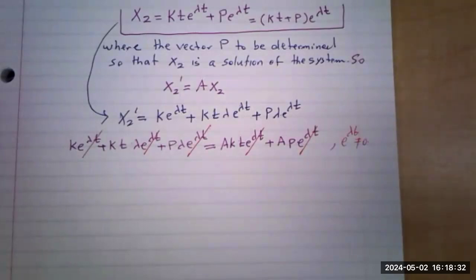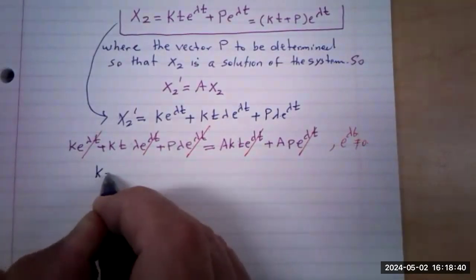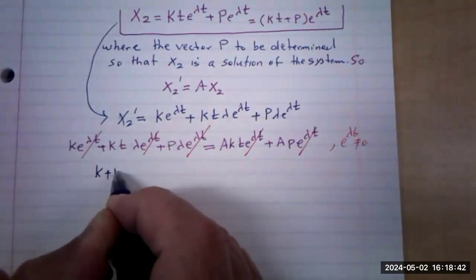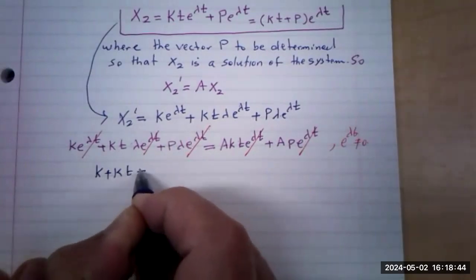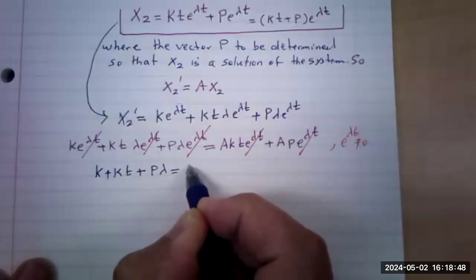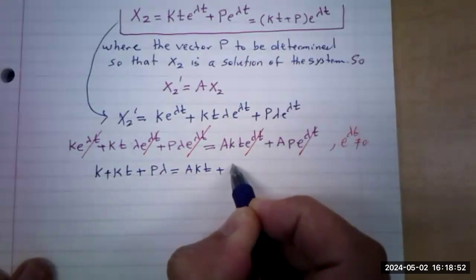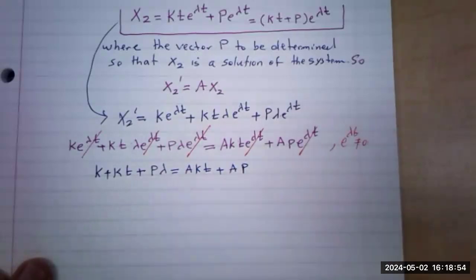So the way I'm going to simplify it is, let's write it down, then we simplify it again. We have lambda k plus k t plus p lambda, and this is going to be a k t plus a p.